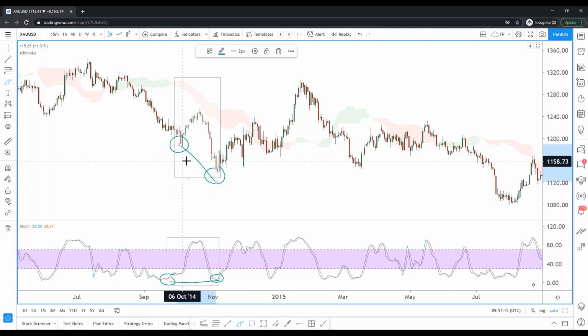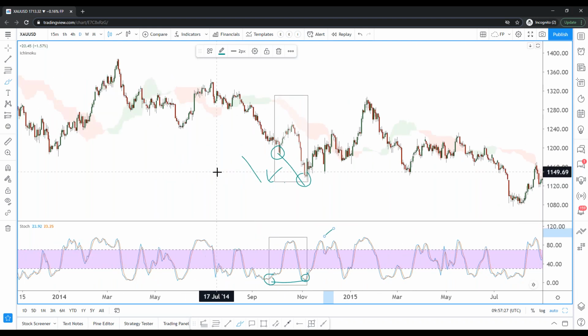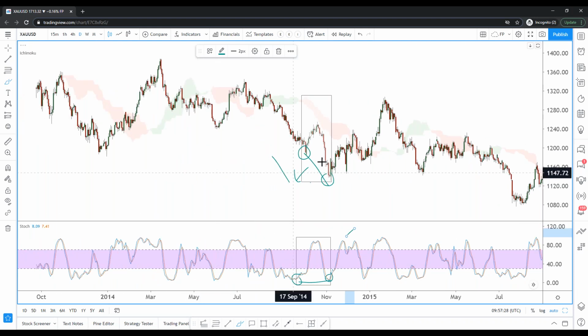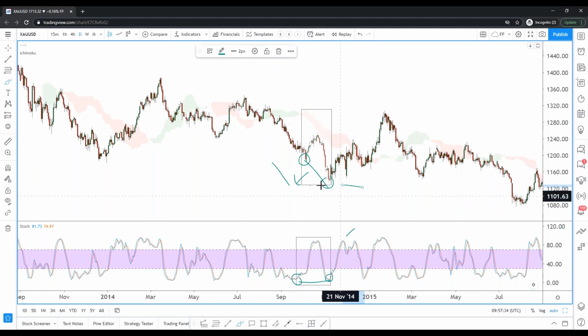You can see that for price, it's slanting downwards, whereas for stochastics, it's slanting upwards. So this is what we meant by bullish divergence. It's useful because it can help you identify key reversal points. For example, in this case, once prices bounced off this level, we saw a strong push up. So this is one bullish and bearish divergence.